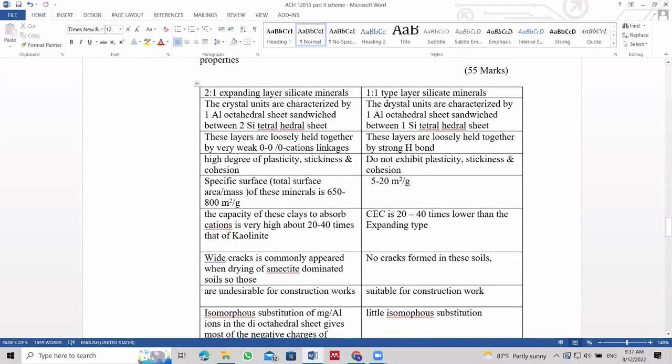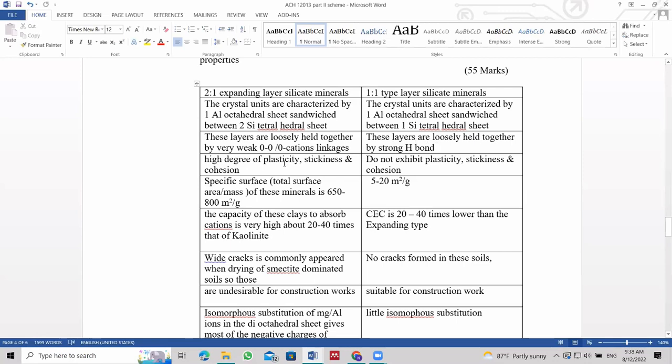So here it is 2:1. I think the question I modified later, 2:1 and 1:1. Okay. So in 2:1, 2 silica tetrahedron and 1 aluminum octahedron, and in 1:1, 1 aluminum octahedron and 1 silica tetrahedron. Then here loosely held and here hydrogen bond. Okay, in 1:1, there is strong hydrogen bond.